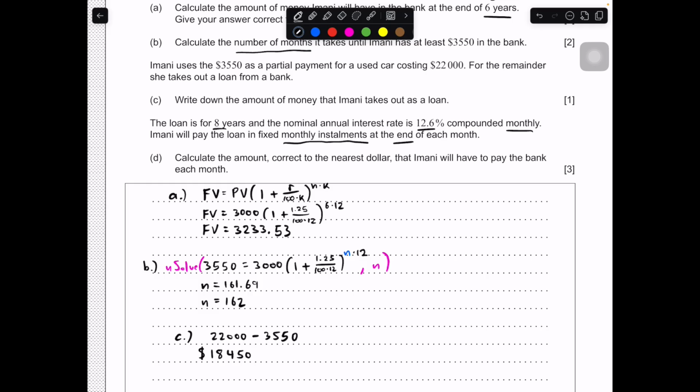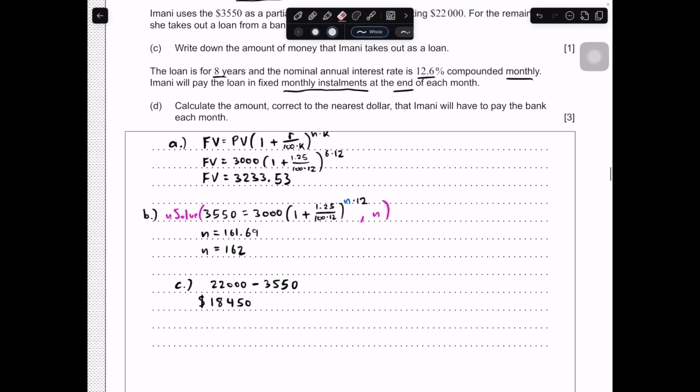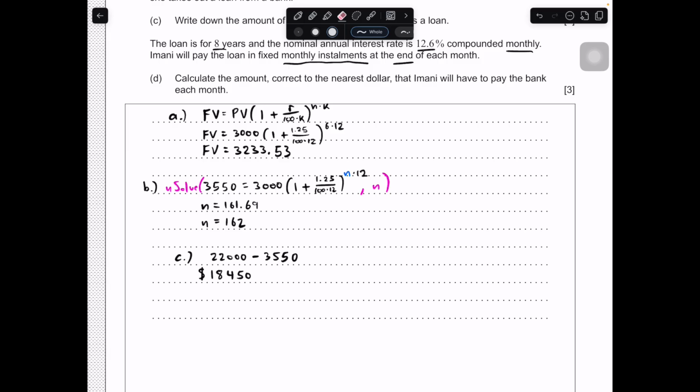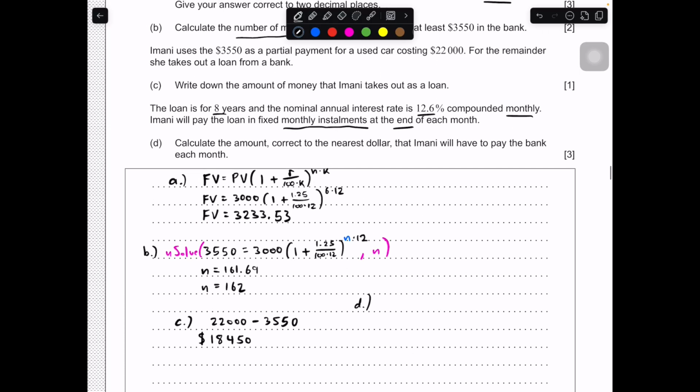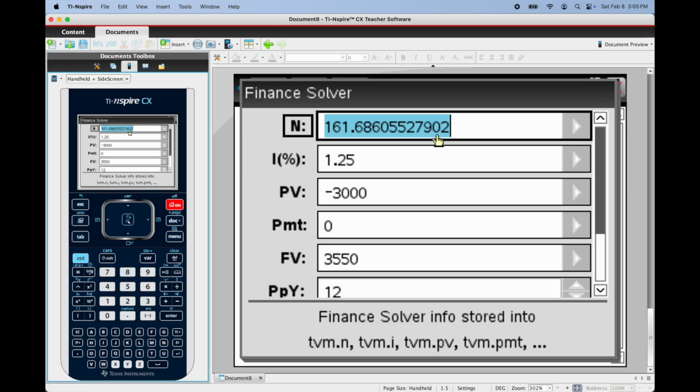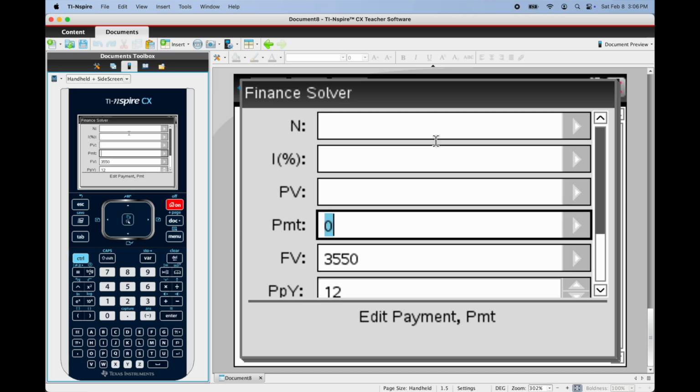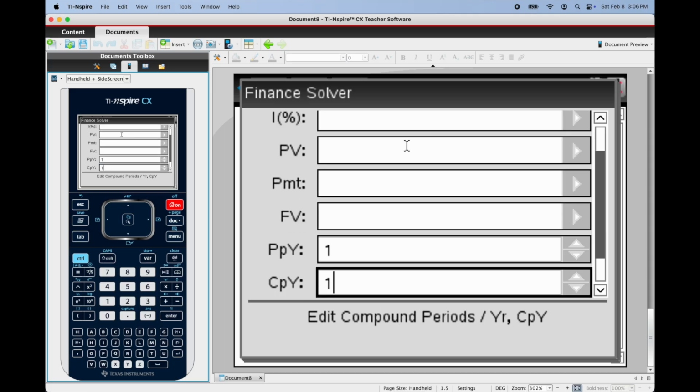Calculate the amount correct to the nearest dollar that Imani will have to pay the bank each month. All right, so here we are in the realm where we're going to need to use the financial solver. All right, so got a lot of information here. Let's go to our financial solver. Here it is. I'm actually going to erase this information and we're going to need to start again.